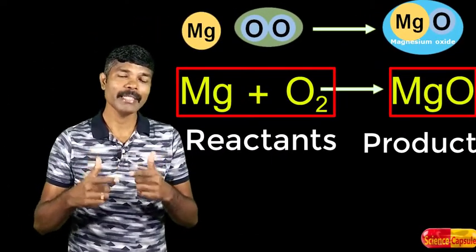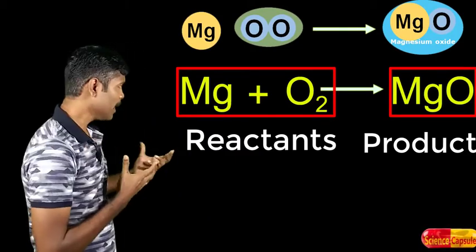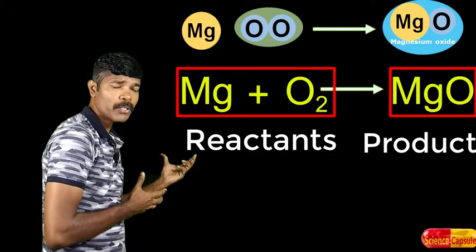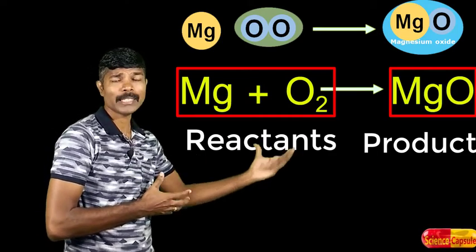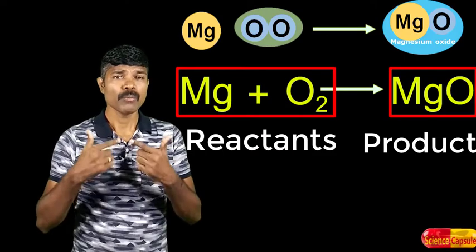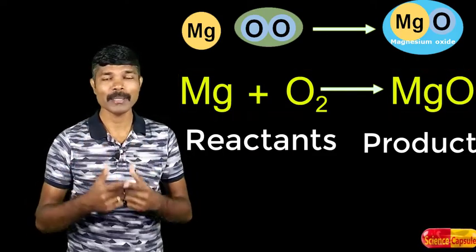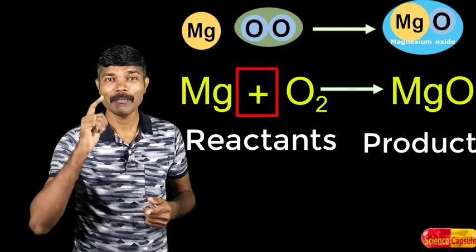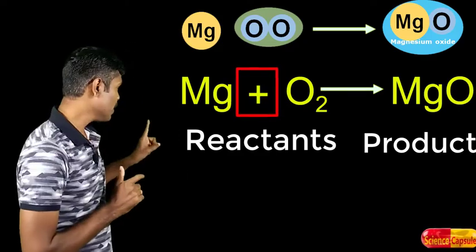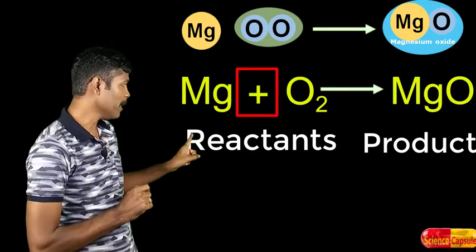The arrow indicates the direction of formation of product. So, in a chemical reaction, the reactants and the product are separated by an arrow. If in a chemical reaction, two or more reacting species are there, then they are separated with the help of a plus sign. Here you see magnesium and oxygen are the two reactants, separated by a plus sign.